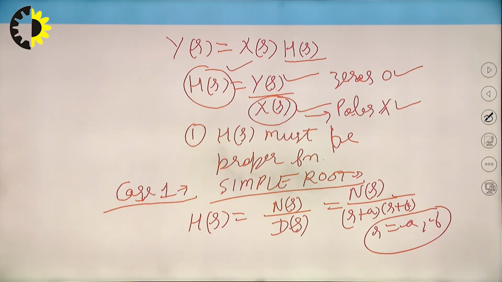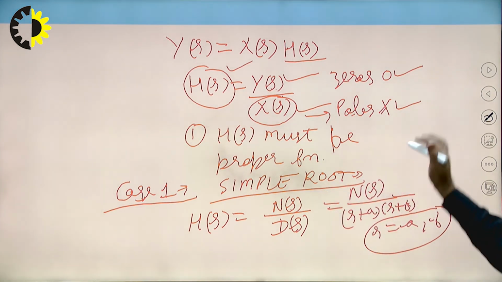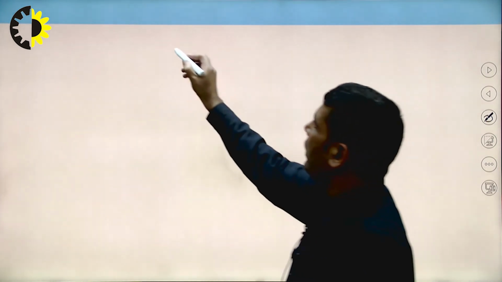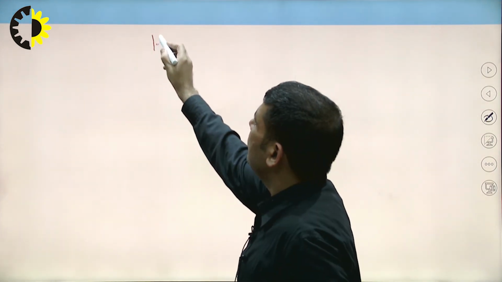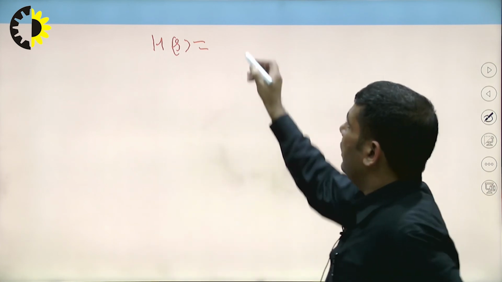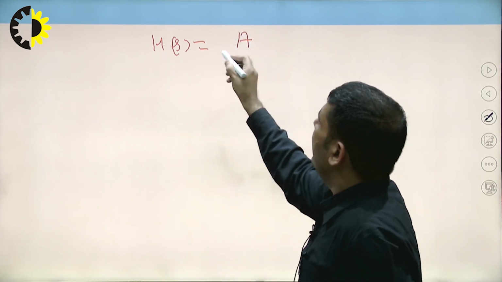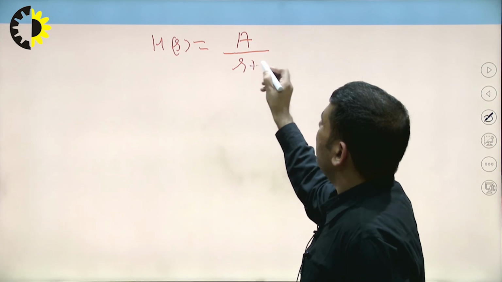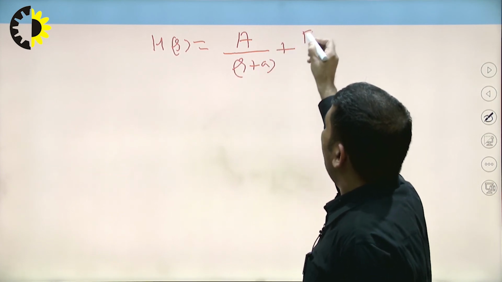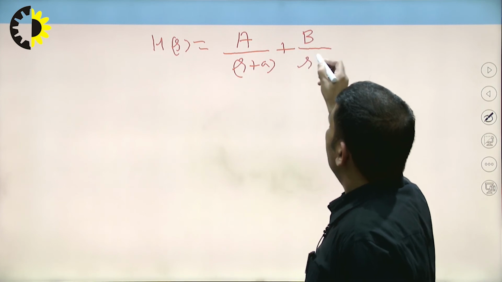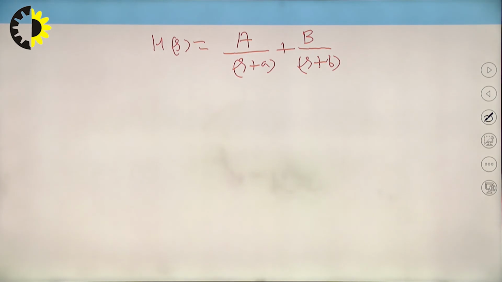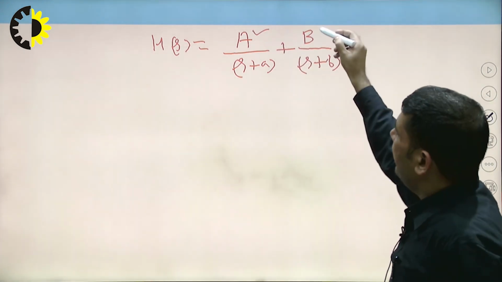So in our case, if we solve with the help of partial fraction expansion, then you can write down H(s) is equal to A upon (s plus a) plus B upon (s plus b). Okay, so how to find out now?